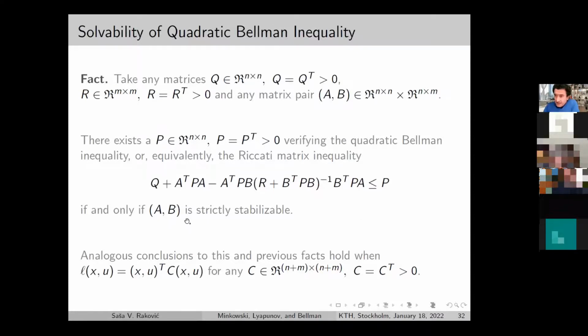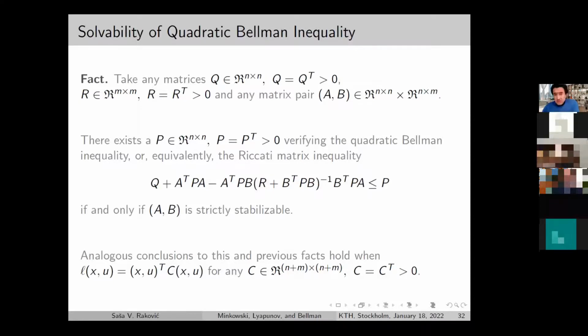Strictly stabilizable (A, B) means that essentially if you do any algebraic decompositions, you end up with a strictly controllable part and a strictly stable part. Again, this is to avoid unnecessary algebraic decompositions. And you can actually do this more generally by looking at the mixed cost when you have positive definite cross terms, C transpose strictly positive, okay?